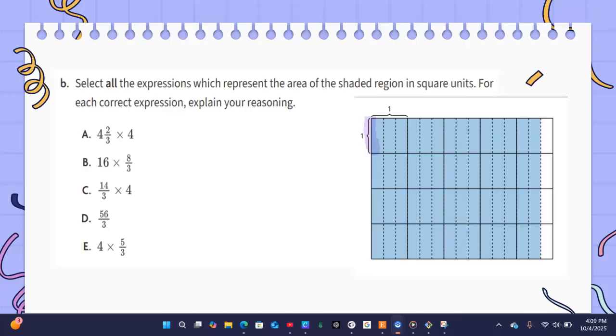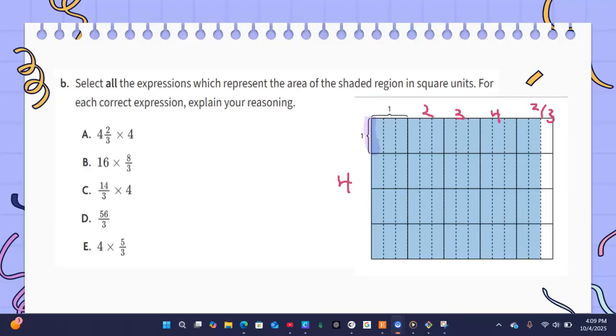All right, we'll just write. So this is 2, this is 3 wholes, this is 4 wholes, right? And this is not a whole yet, right? This is 2/3. And if this is a whole right here, we see this whole side is all filled in. So we're going to represent that with the number 4.